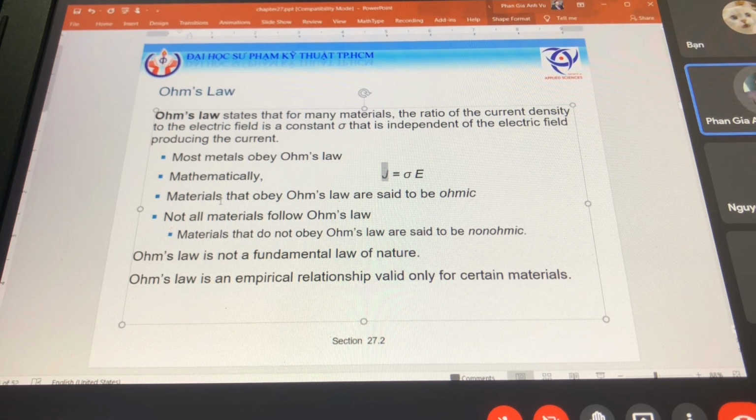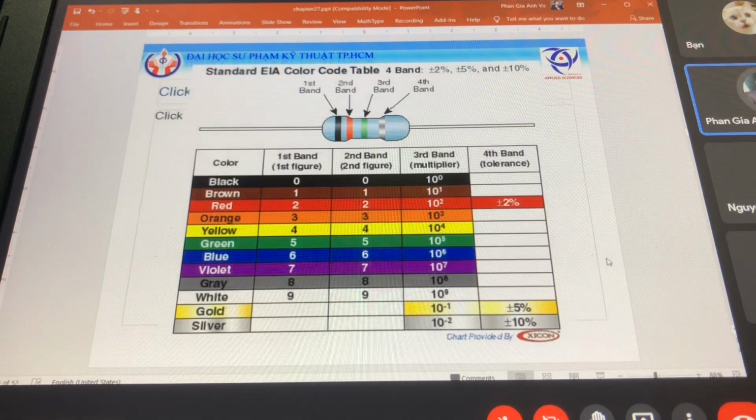The materials that obey Ohm's law are called ohmic materials. The materials that don't obey Ohm's law, we call non-ohmic.